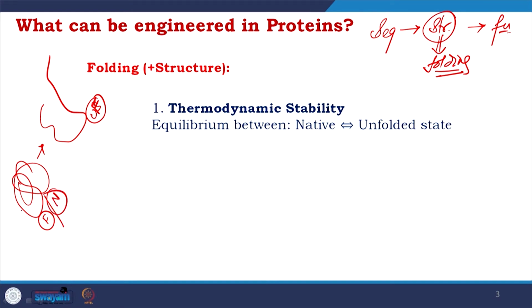So one of our close looks would be how the protein alters from the native to the unfolded state, and can we keep it in the native state, can we enhance the thermodynamic stability.